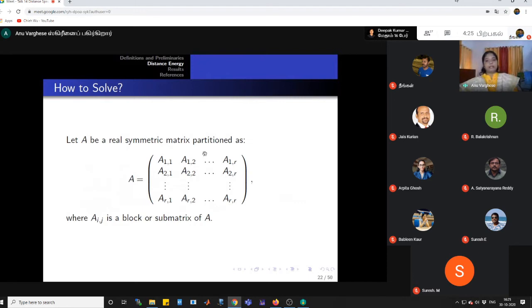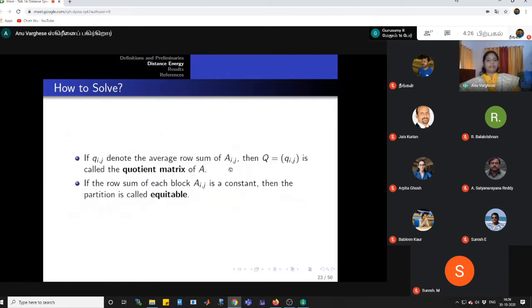Let A be a real symmetric matrix that is partitioned into blocks, where A equals A11, A12, A1R, etc. Then we can have integers Qij as the average row sum of Aij, and we can form a matrix with the entries as Qij and call that matrix Q, the quotient matrix of A. Qij is the average row sum of Aij, and Q is the quotient matrix with ijth entry Qij.